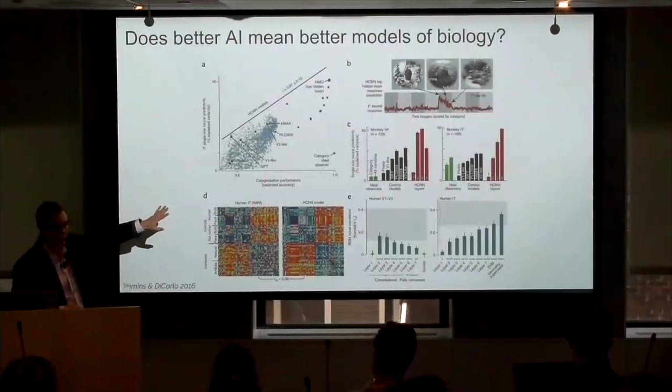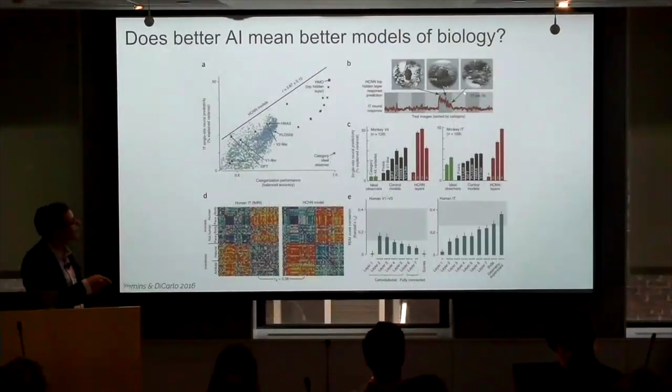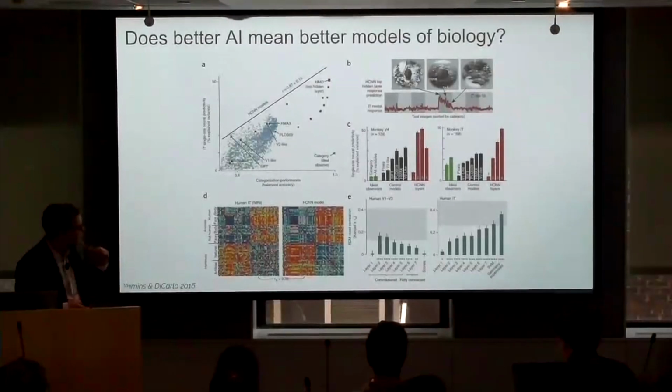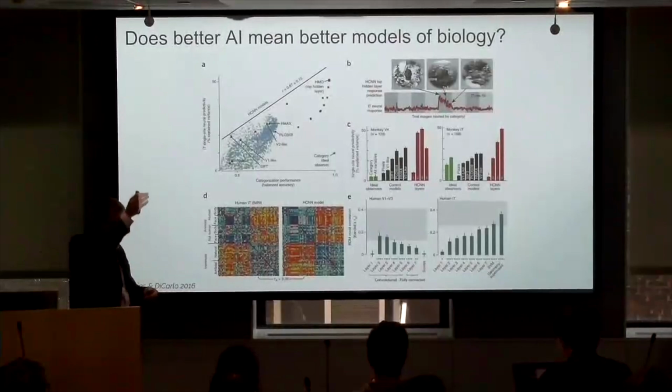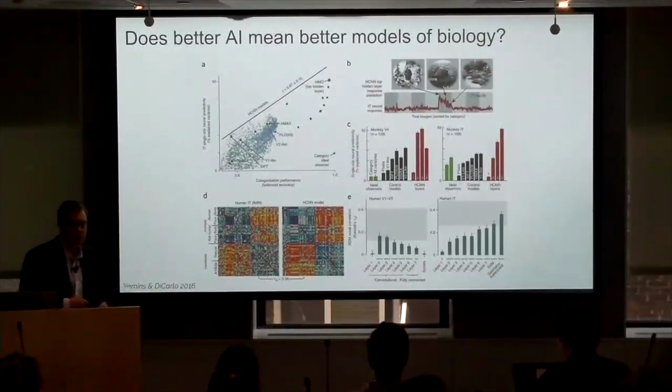So these are recordings from the IT cortex, which I alluded to earlier. You see examples of neural responses here. You can quantify the goodness of fit between individual models and neural data. And then in general, when we report the goodness of fit of a given model, this is based on a search through all possible layers and then reporting the best goodness of fit across all layers.